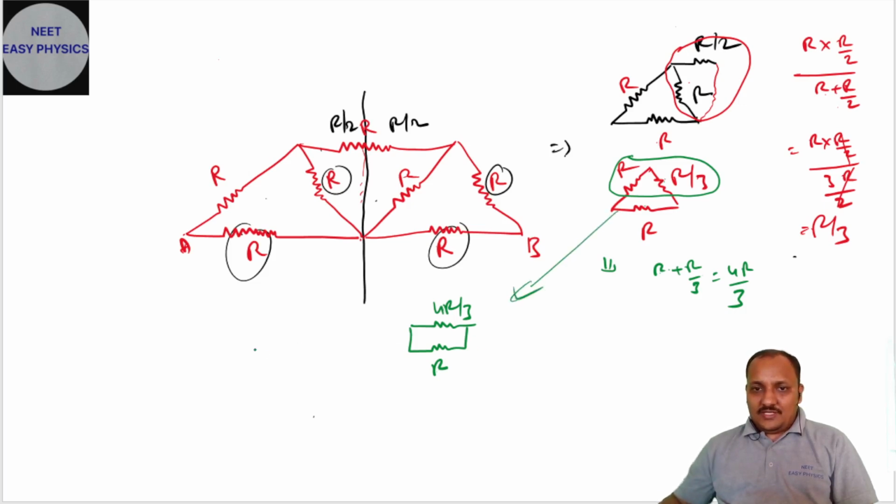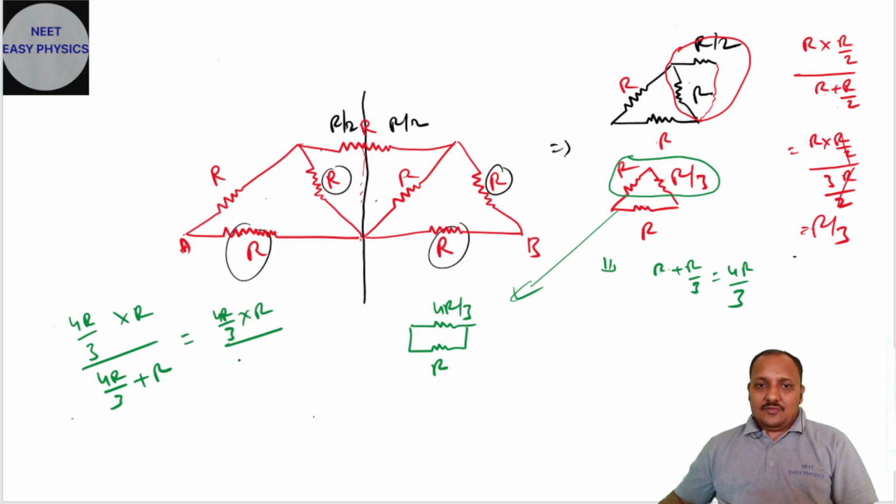How are they connected? Parallel. Parallel means, what is the formula? 4R by 3 into R by 4R by 3 plus R. Then how much will you get? 4R by 3 into R by 7R by 3. So again R by 3 cancels. Then finally we got 4R by 7. This left part is 4R by 7.